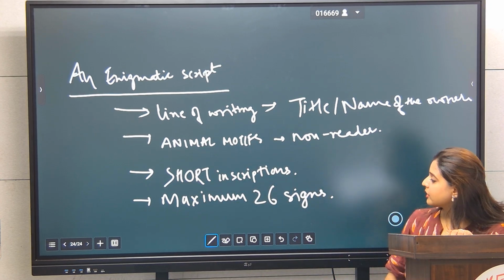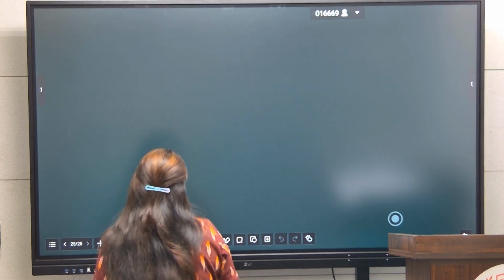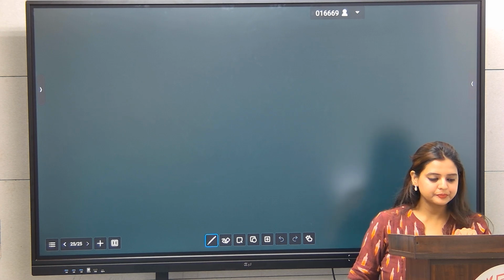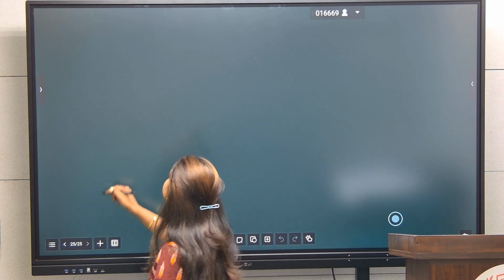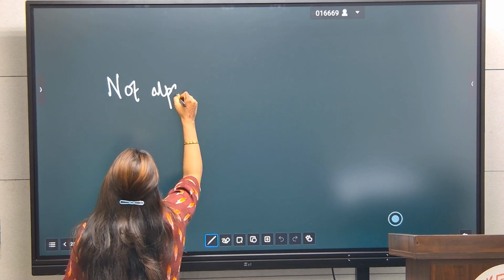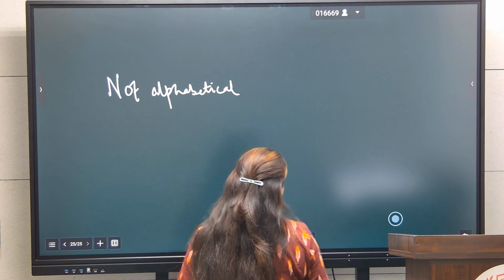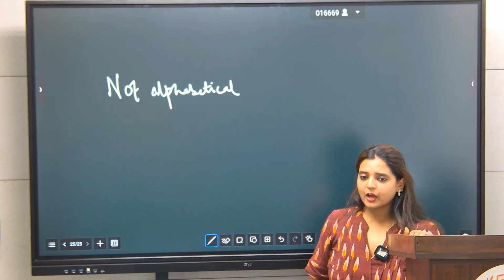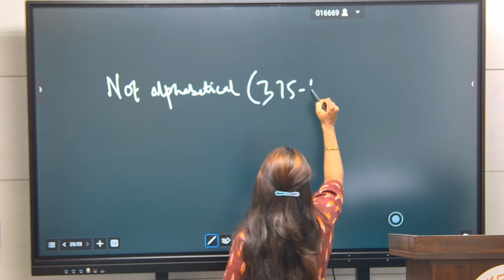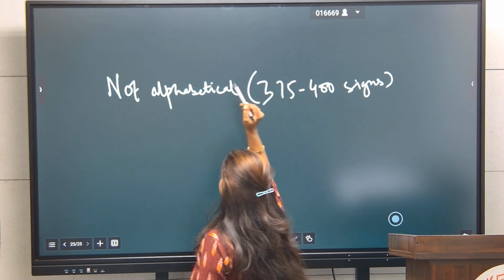And they were not alphabetical, that means they were not alphabetical, and had 375 to 400 signs, which are undeciphered.